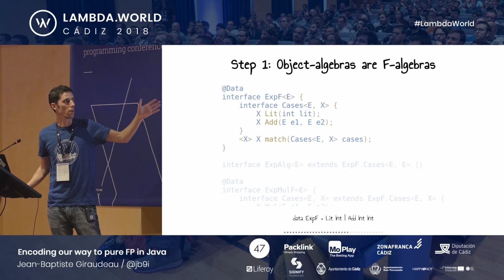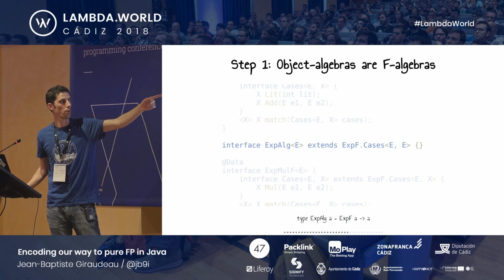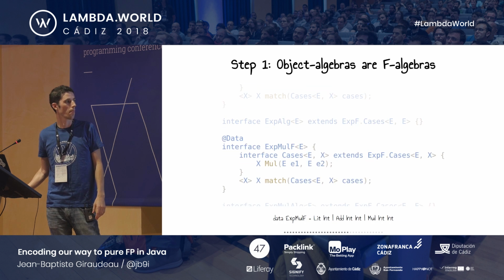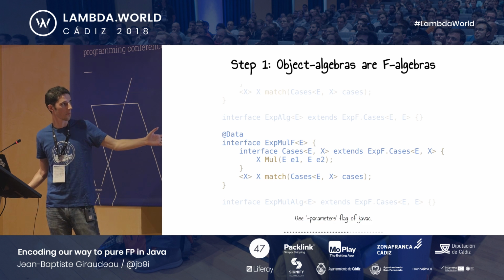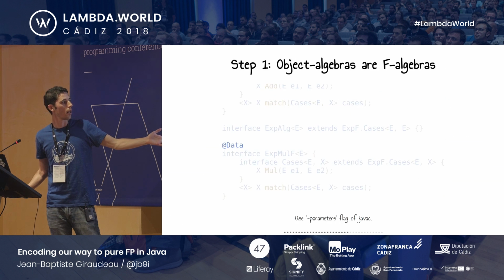Because we still use an internal visitor, we can use the same extensibility. So by the way, we can see that the original Exp algebra is ExpCases with E. It's the same interface. We can extend it. Same thing.